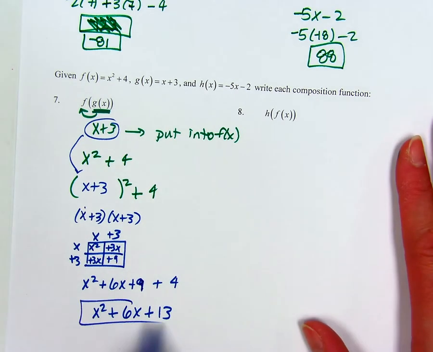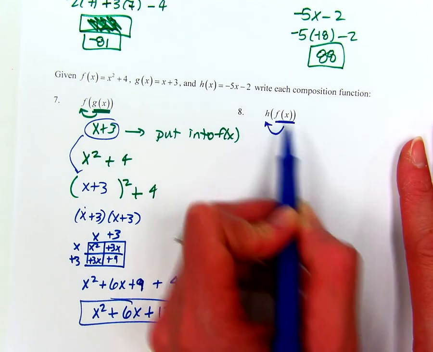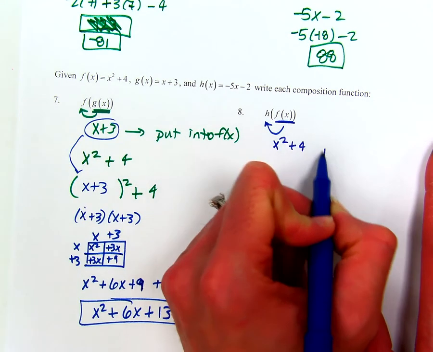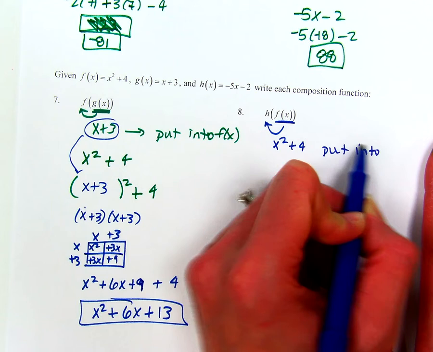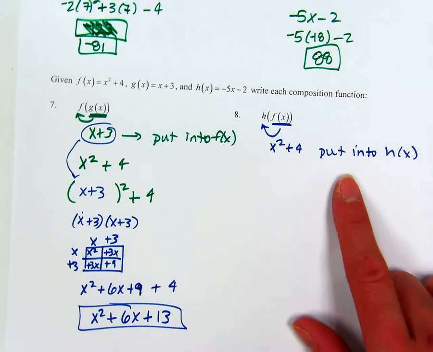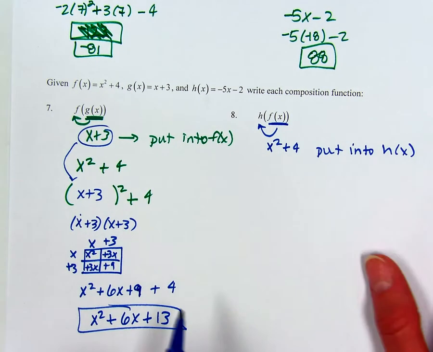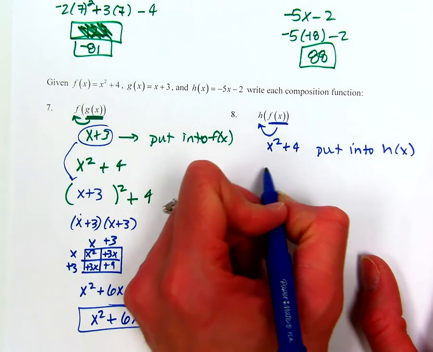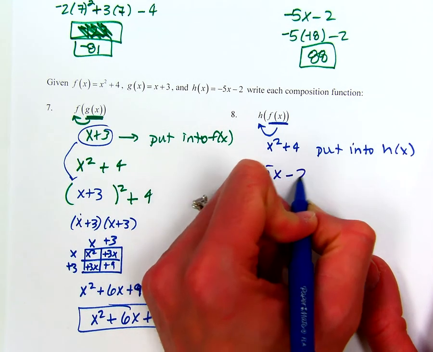Alright, last one. Take this equation, put it in here. So what's equation f of x? That's x squared plus 4. Put that into h of x. Now, you don't have to write all this out, but if that helps you understand what the problem is asking, then certainly go ahead and do that. So what's equation h? It's negative 5x minus 2.